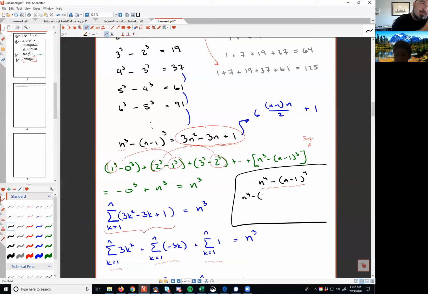Fourth power is kind of weird. n to the 4th minus 4n cubed, plus 6n squared, minus 4n squared.